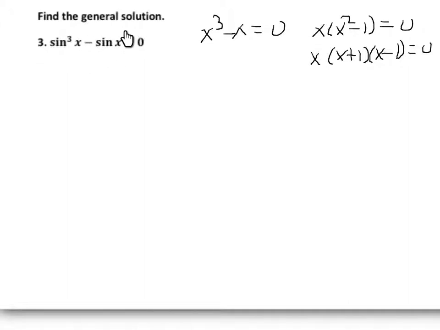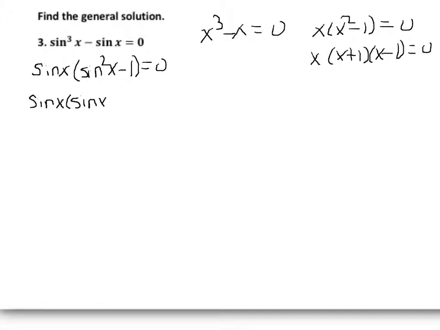So watch. You get sine x times sine squared x minus 1. Well, see how over on the right side it was x plus 1, x minus 1? Well, this is, you still have the sine x, and then you have sine x plus 1, sine x minus 1 equals 0.